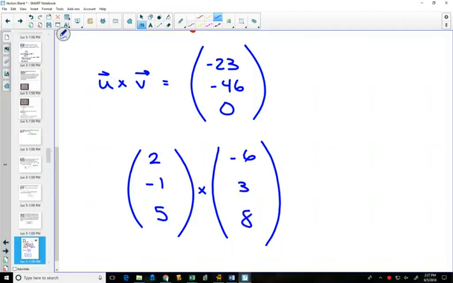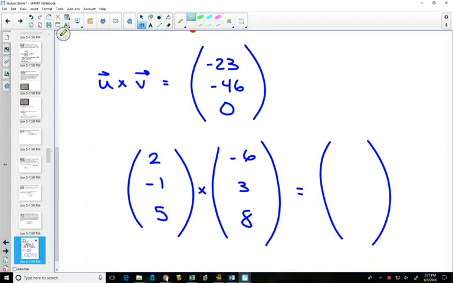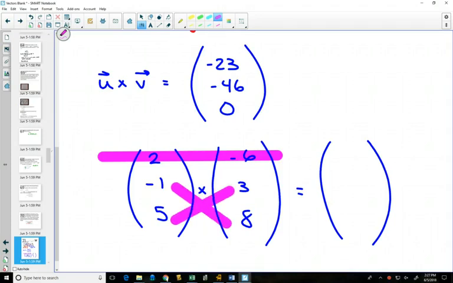And just like the determinant of a matrix, when I want to find the first row, I'm going to take a dark highlighter and ignore that, and because it's a cross product, do this. -8 minus 15, -23.